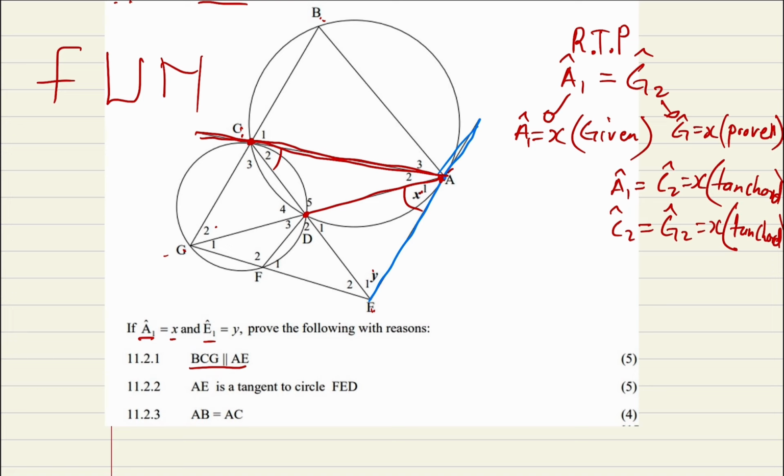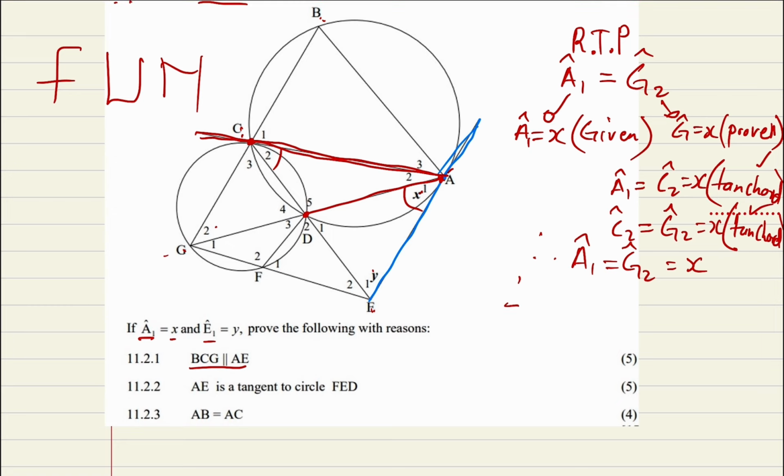Remember, you have written it here. Therefore, I can conclude that angle A1 is equal to angle G2, which is equal to X.